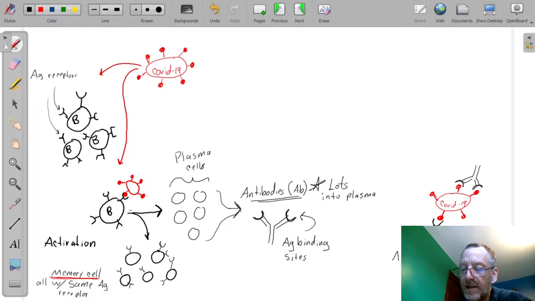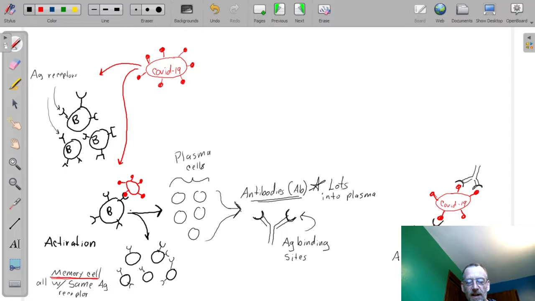And so these are the circulating antibodies. They can only bind things that are outside of cells, circulating around in the plasma, or wherever they're secreted.